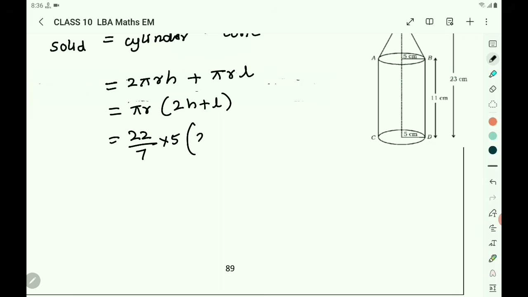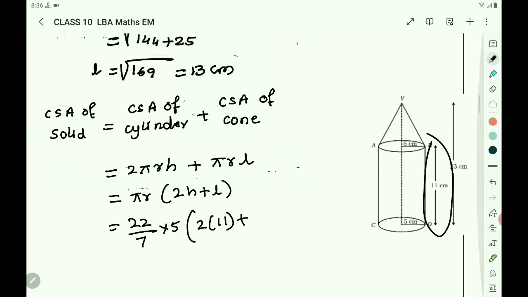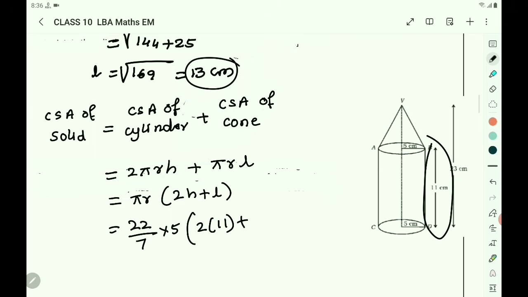Then 2h. h is the height of the cylinder. Height of the cylinder is 11, into 11 plus l. l is the slant height of the cone, which equals 13 centimeter.